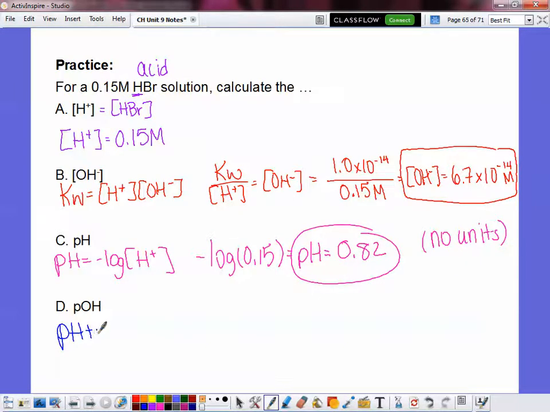Okay, so then to solve that, we're going to take 14 minus the pH to get me the pOH.